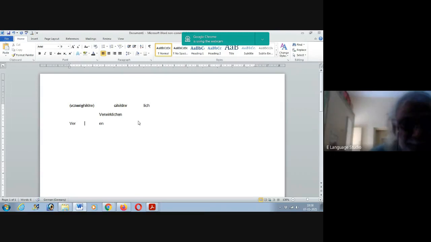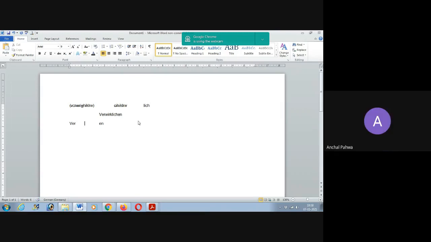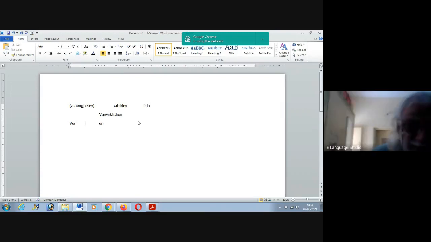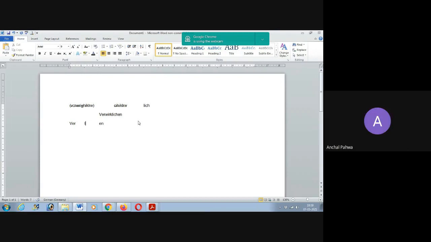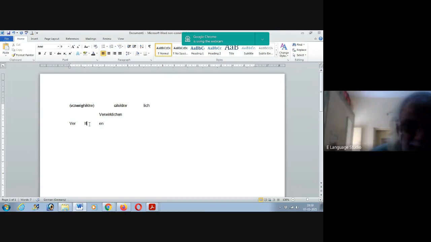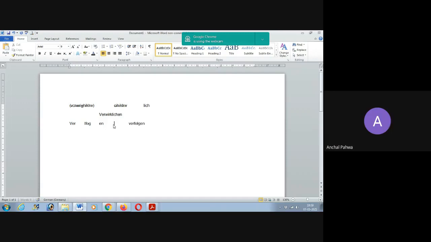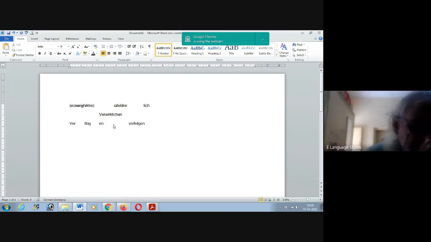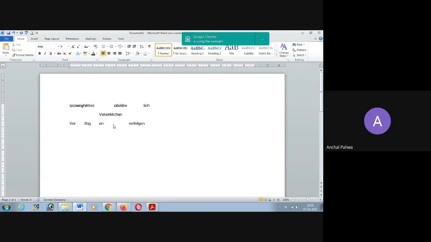What is left? L, F, E, N, G. L, F, O, G. Put this in the right order. Verfolgen. Verfolgen.